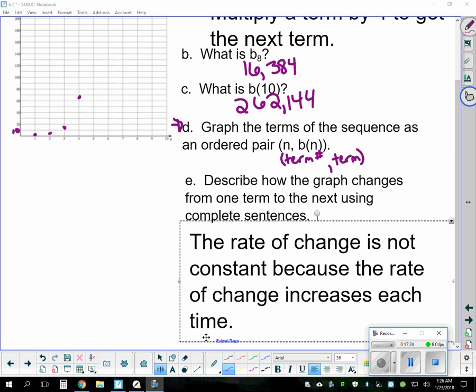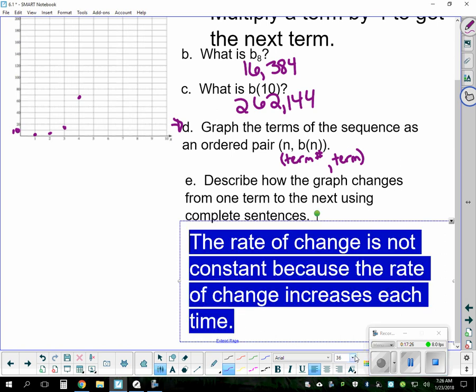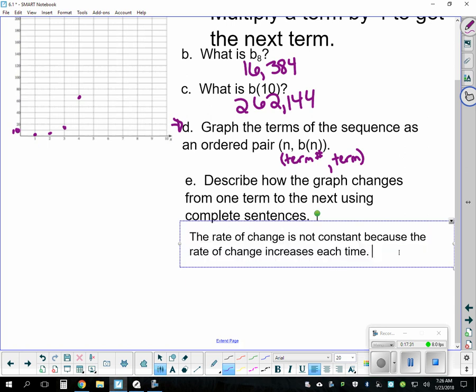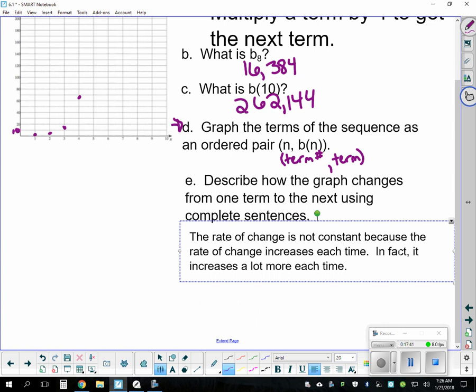Let's make this font smaller real quick. In fact, it increases a lot more each time. This is an exponential graph.